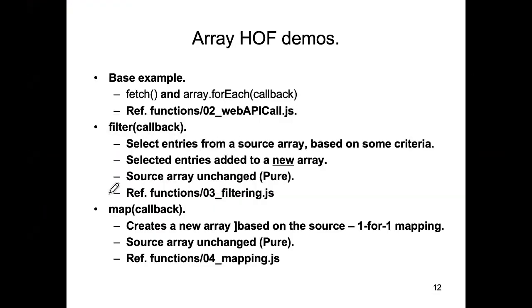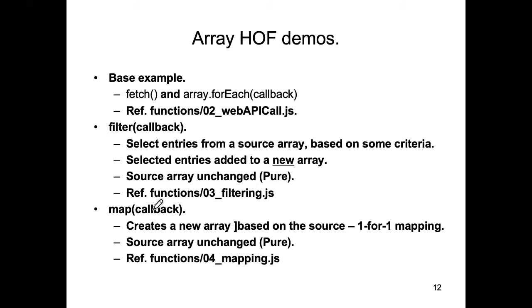Map is yet another example of a higher order function. What map does is it creates a new array as well, but there will be as many entries in the new array as there are in the input array. And the entries in the new array will be computed by the callback that you pass to it, where the callback will take the corresponding entry in the input array and do some computation on it to compute a value.